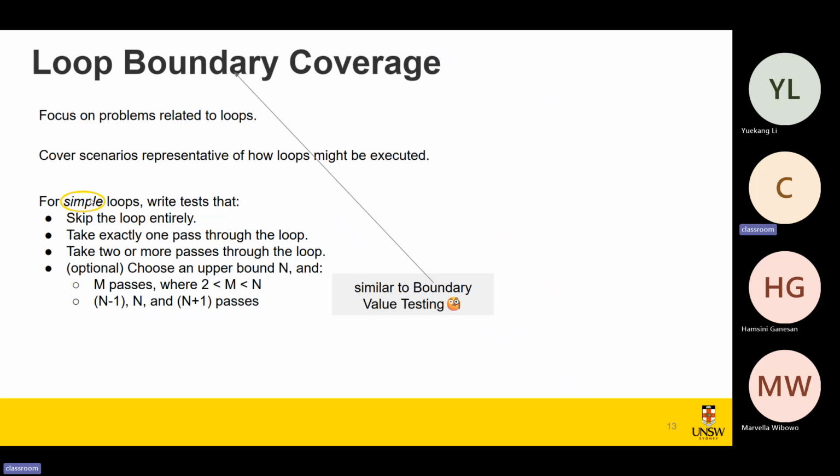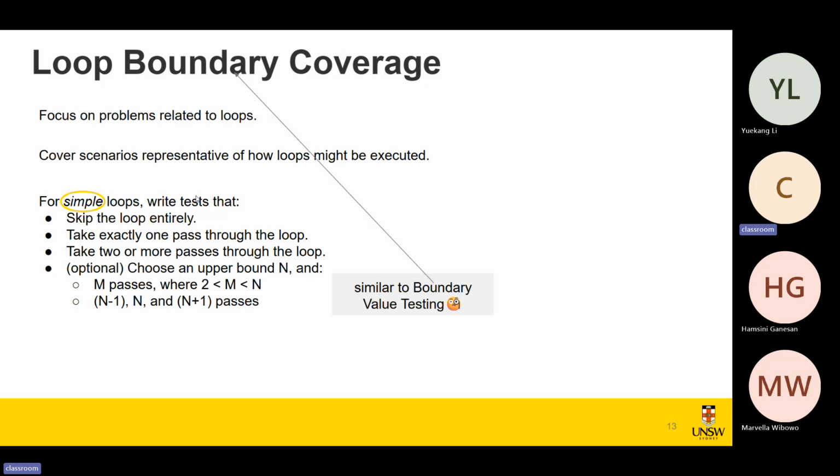However, as you can see from the definition here, this applies only for simple loops, and this looks quite simple, right? So we can write test cases that execute the loop 0 times, 1 time, or 2 or more times. So this is very simple, and this only applies for simple loops.